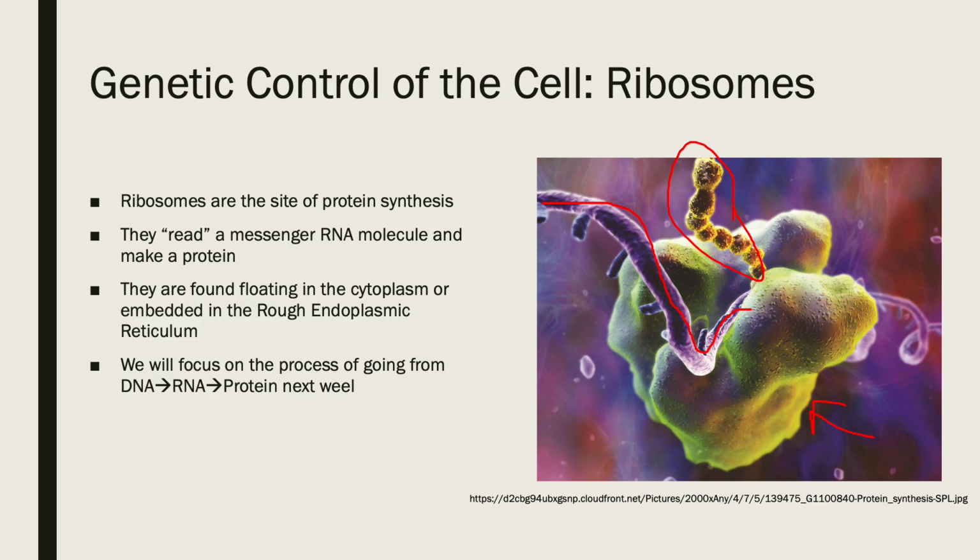So ribosomes are the site of protein synthesis. We find them in the cytoplasm and also embedded in our rough ER. And again, this process, we will get into in the coming weeks.